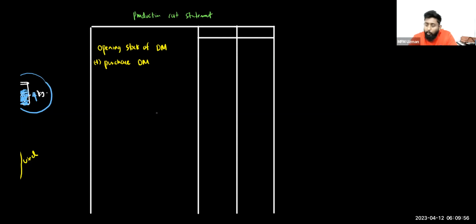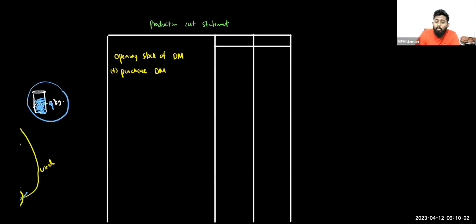We have to pay 20 rupees or 30 rupees to the person carrying 50 kilos of flour. Anything you have to pay to bring the purchase into the shop, for example carriage inward or transport, you have to add it to the purchase.